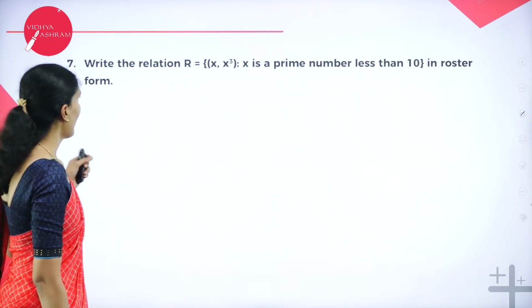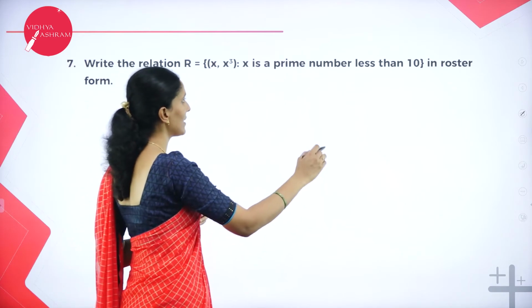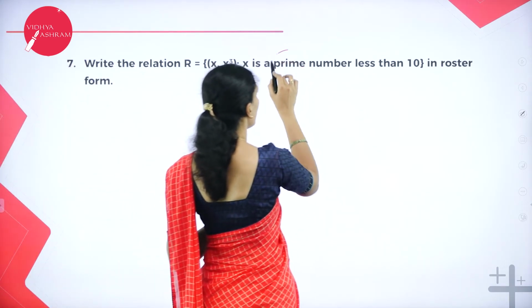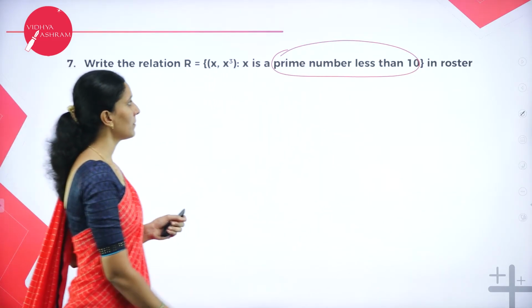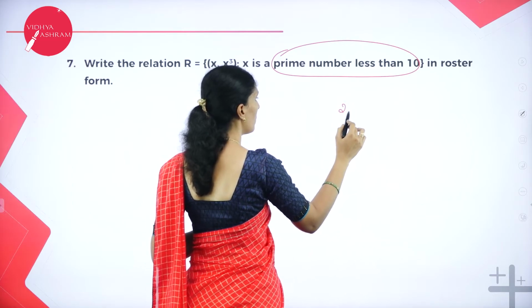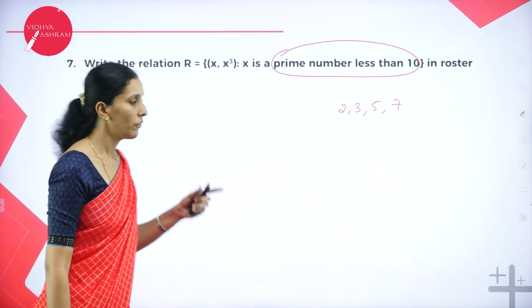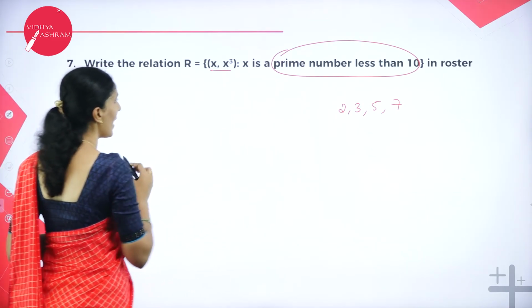Next we have to write the relation (x, x cube), where x is a prime number less than 10, in roster form. So here the condition is given. You should consider the prime numbers less than 10. What are the prime numbers less than 10? 2, 3, 5, 7. So therefore you should write the relation set R in the form of (x, x cube).